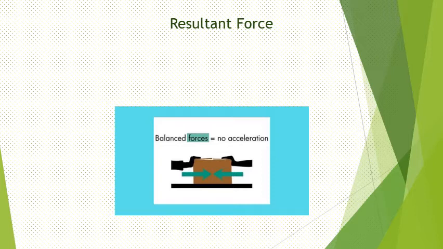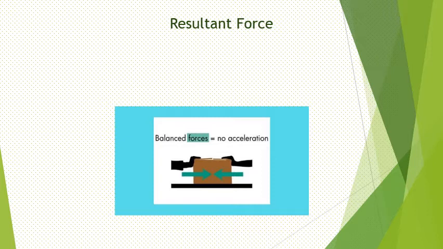So one or more forces acting on the same object, we call it a resultant force. The resultant force is also a vector quantity, because force contains both magnitude and direction.